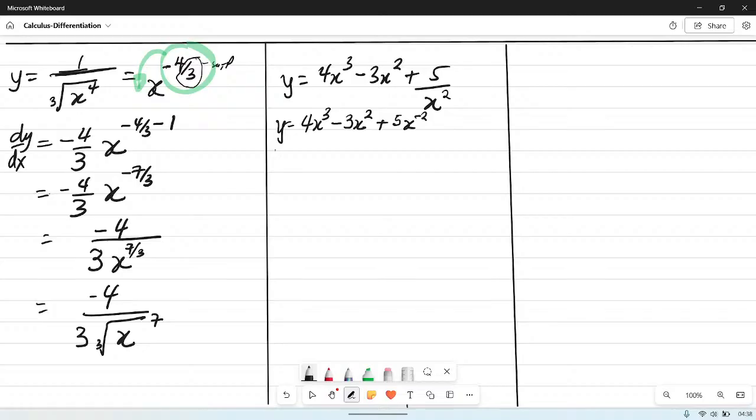Now let's do the differentiation. Take them term after term. So what's the rule of differentiation? The dy dx differentiation. Continue the song.